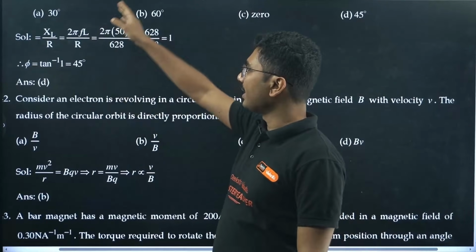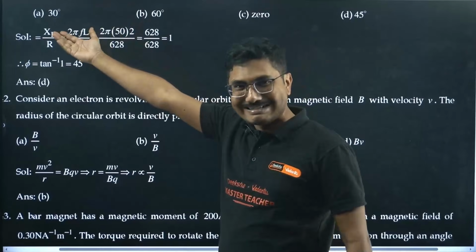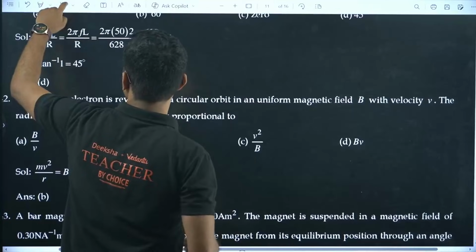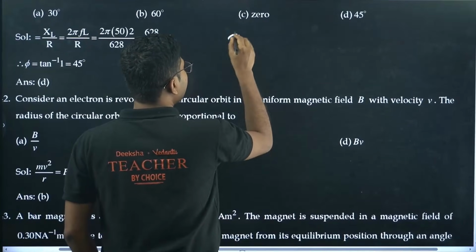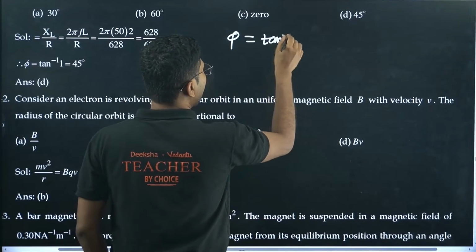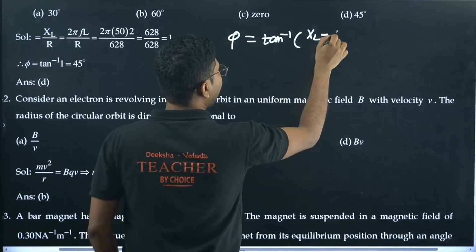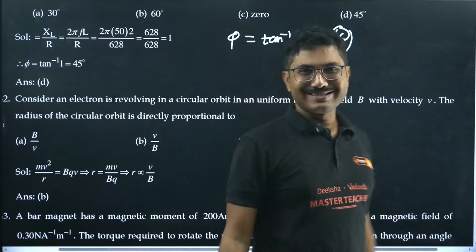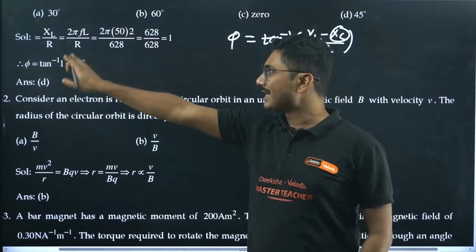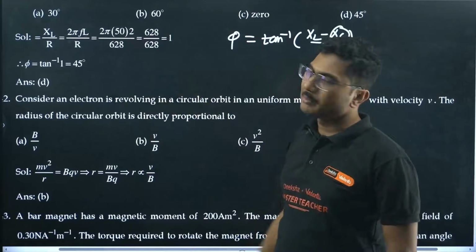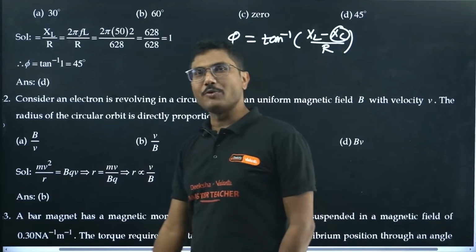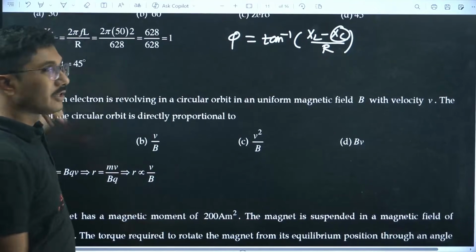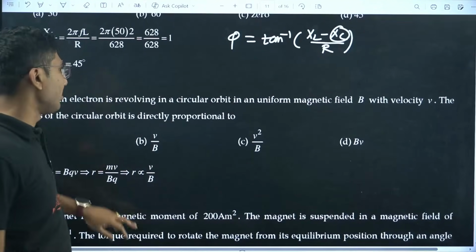I already told you multiple times, phase angle phi is given by tan inverse of XL minus XC by R. So here XC is 0, no capacitance is there, so only XL by R. If you calculate, both of them will be the same and they will cancel, and you will get phase angle to be 45 degree. They will not give you a value where you actually require a sine cos table. All the values will be in the standard level only.